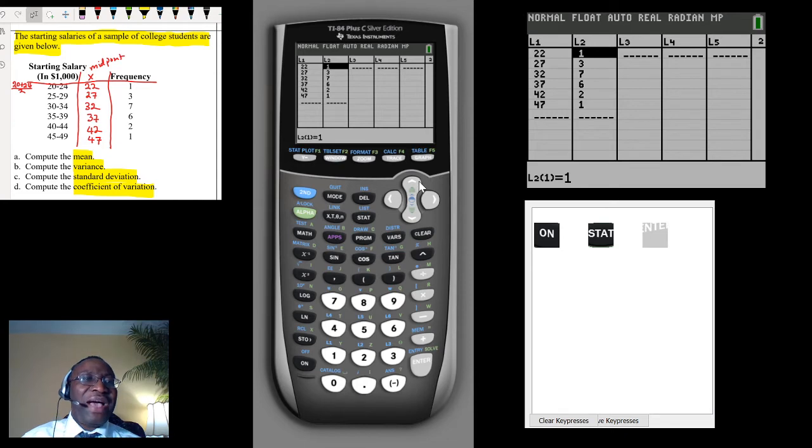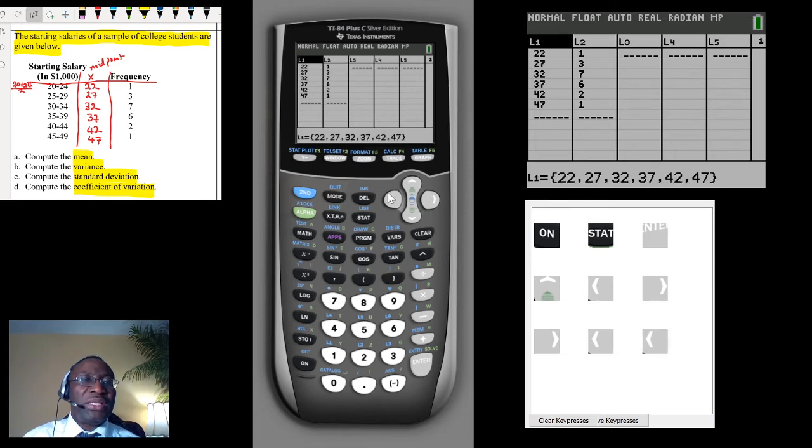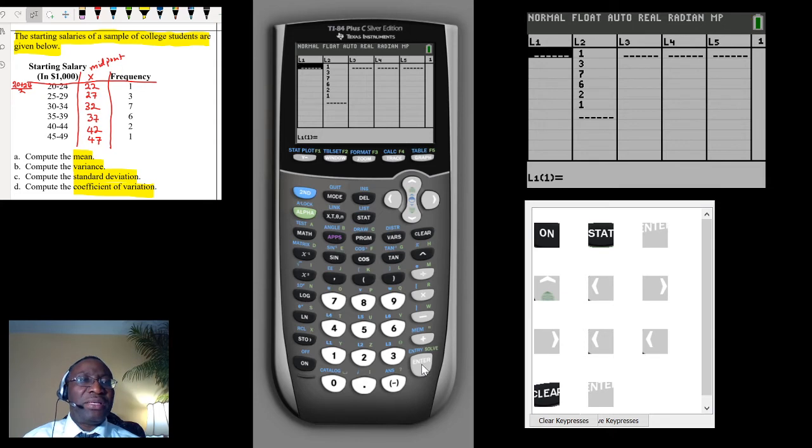Now if there are values already there, for example I have values already printed, and you want to clear them, take the cursor so that the L1 column that you want to erase is highlighted, and then click clear and then press enter. Alright, so let's do that for L2. Bring the cursor here, click on clear and then press enter.